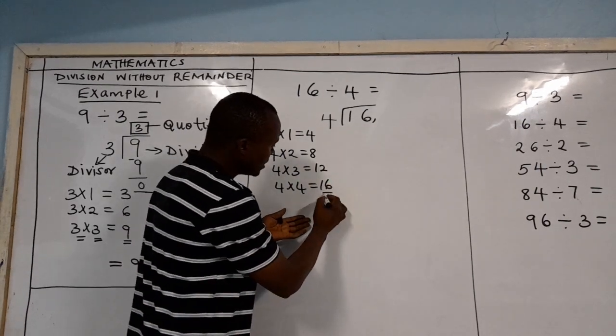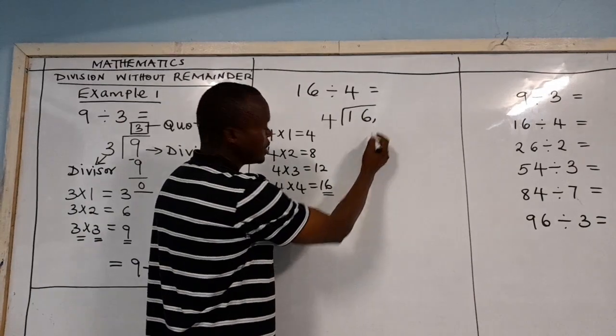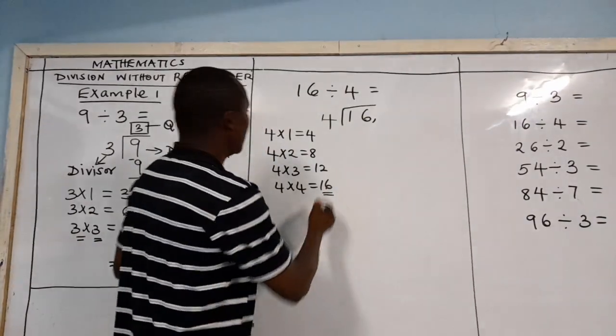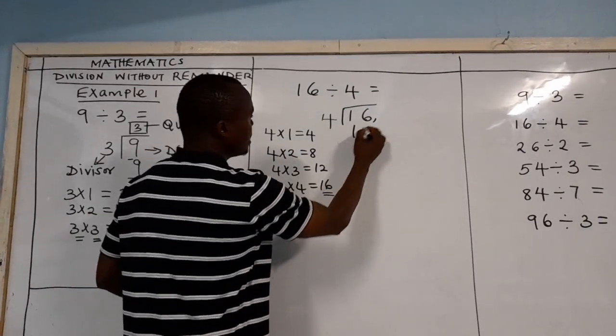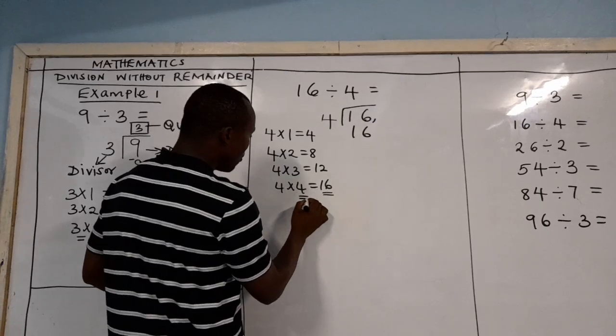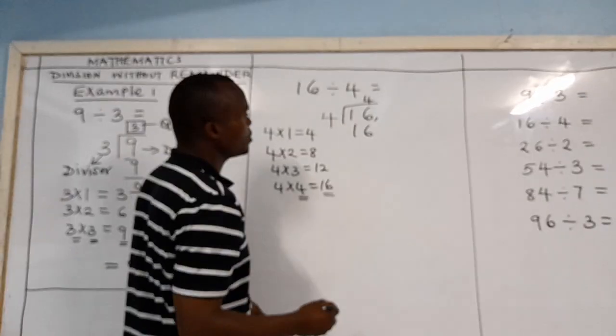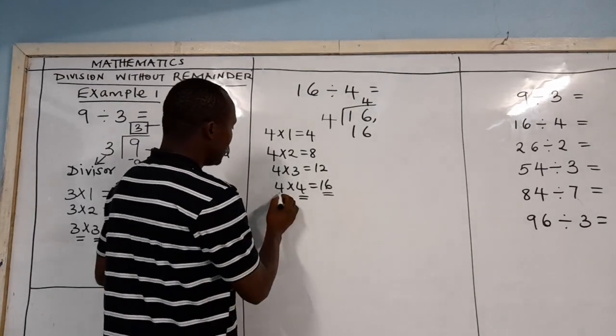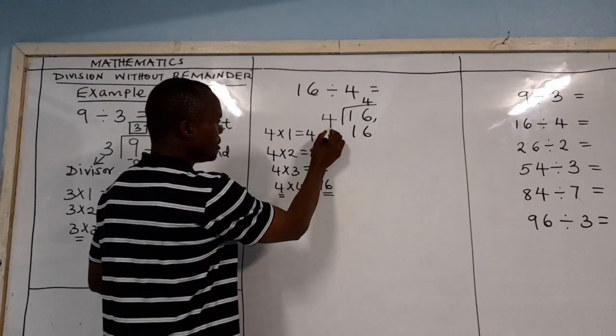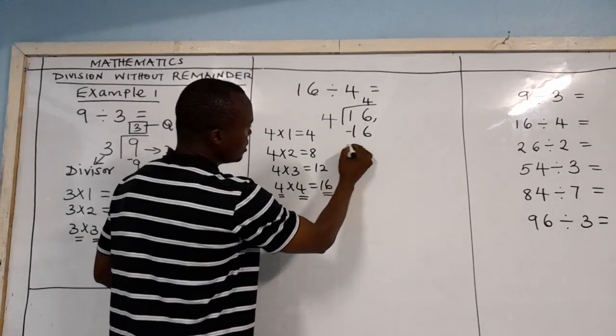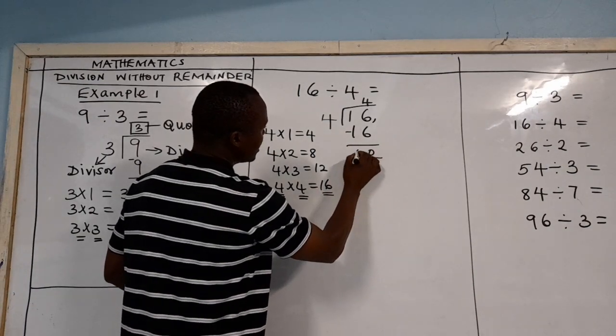Once you have got your 16, and here it is 16, no need of continuing. Take the 16, write it down here. This 4 is our quotient, we write it above the 6 because we last considered 6. This other 4 is the one that we have here. Then take away this one, you will get 0 and a 0.